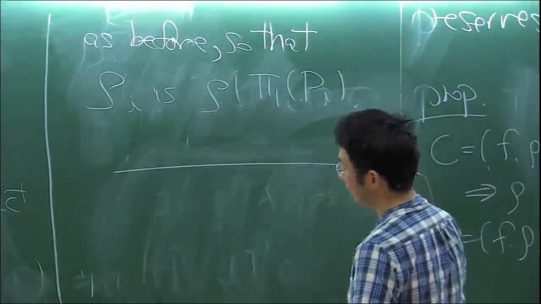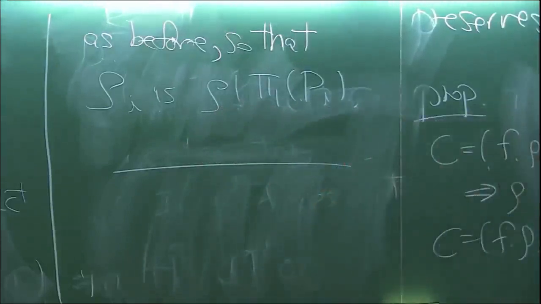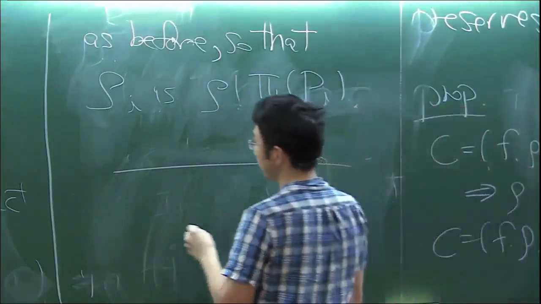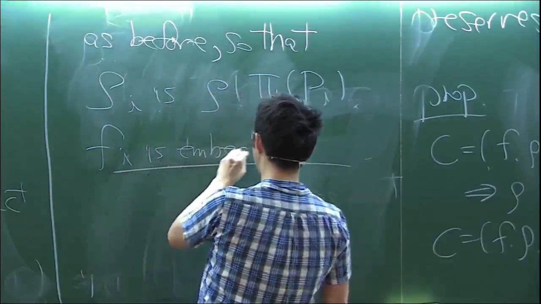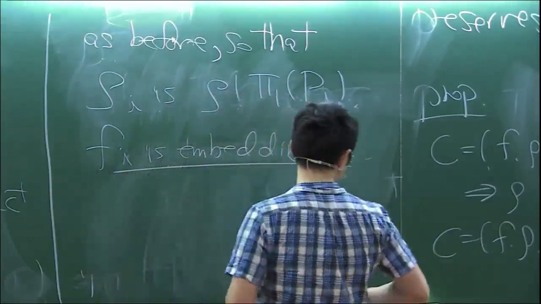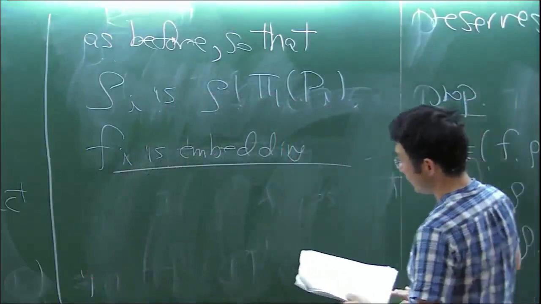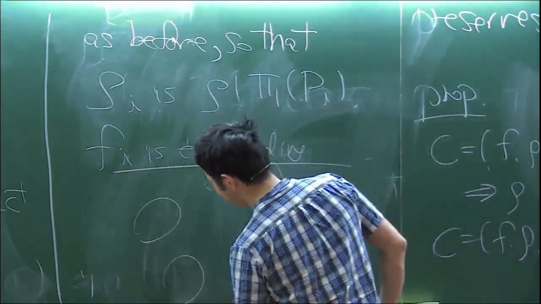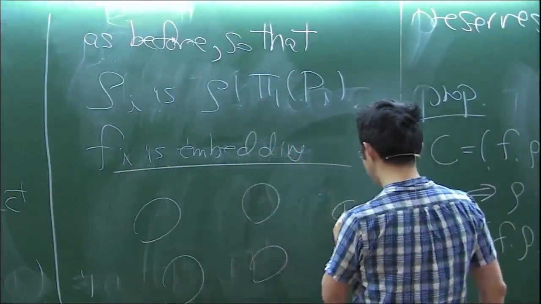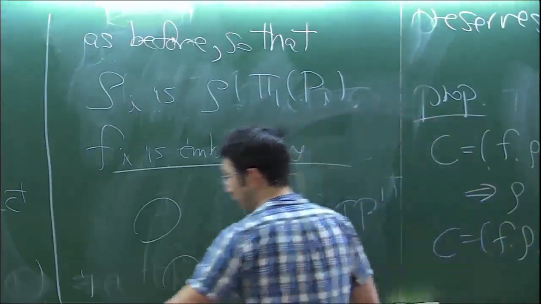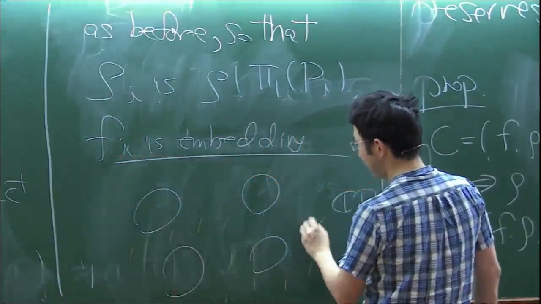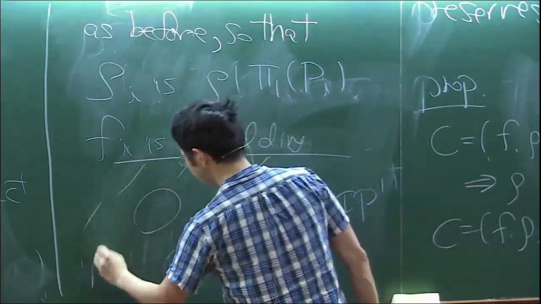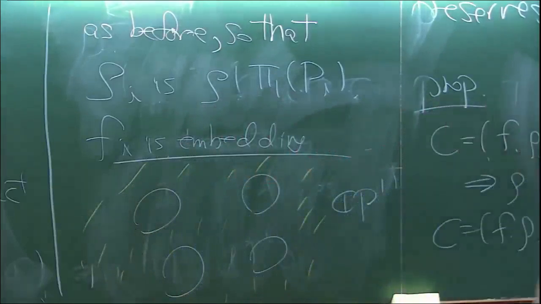Here we are using a nice property: the developing map is an embedding. Originally we start with four disjoint disks in CP1, and before cutting the closed surface, from the Schottky group we have a fundamental domain for the action.